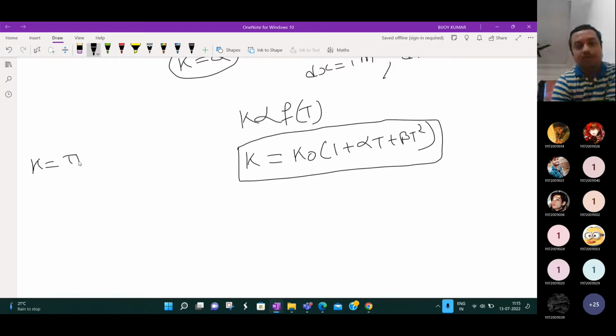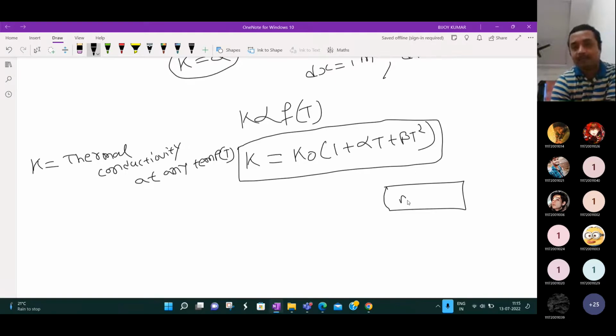K is the thermal conductivity at any temperature T. Suppose we have one metal, and we have to find the thermal conductivity value at 300 degrees centigrade, at 200 degrees centigrade, at 100 degrees centigrade.